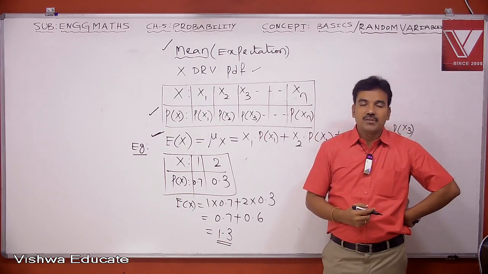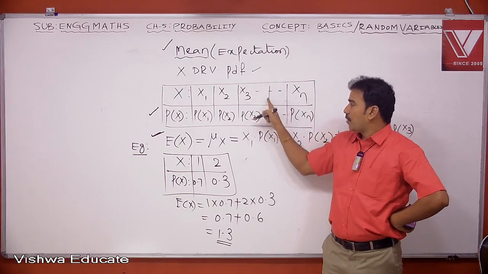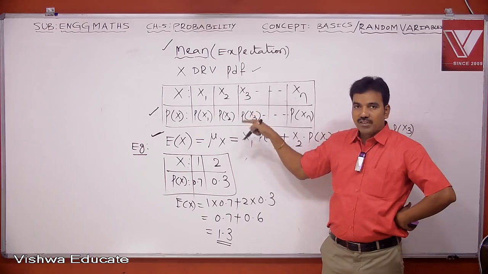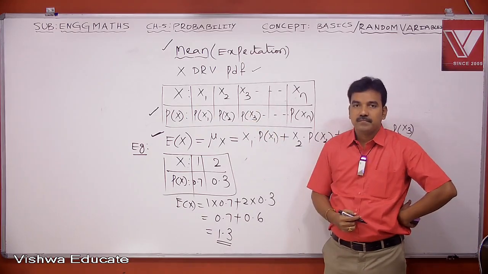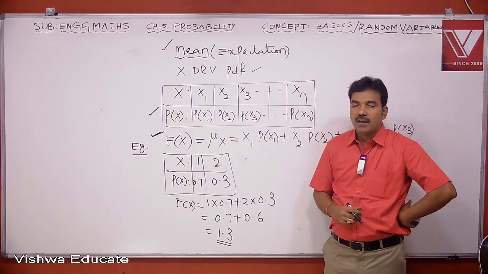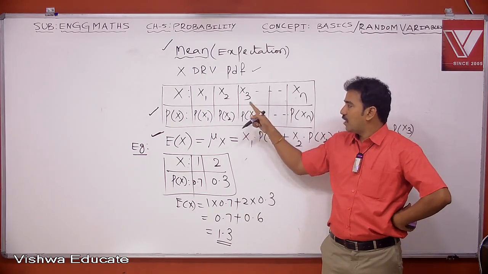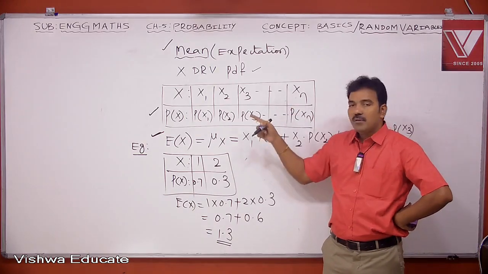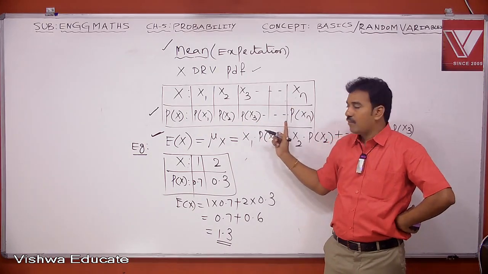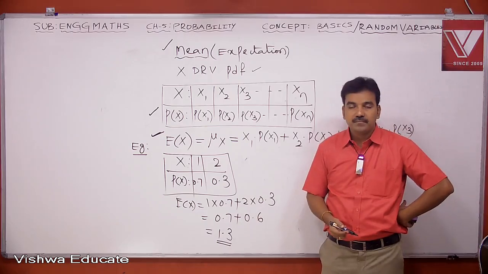Draw this table. X values x1, x2 and so on up to xn. P of x values: P of x1, P of x2 and so on up to P of xn.